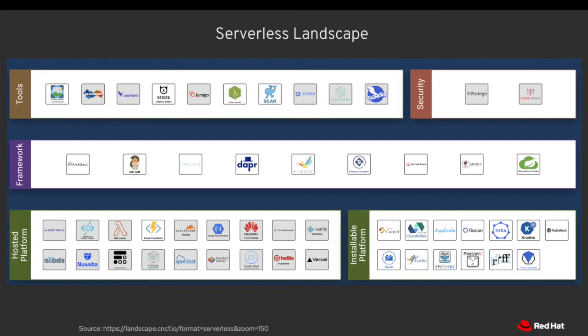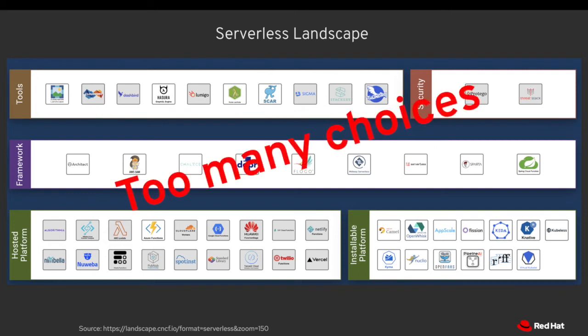For example, there are more than 7 to 10 million Java developers developing enterprise applications, existing ones and new microservice applications with Java technology out there. They need to optimize existing Java applications to deploy to a fast platform or serverless platform. In order to do that, they need their own tools and they need to make a choice about which tool is perfect for their Java technology. So as a result, there are too many choices.